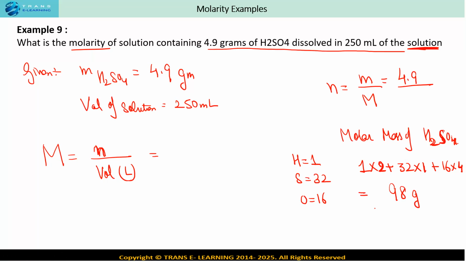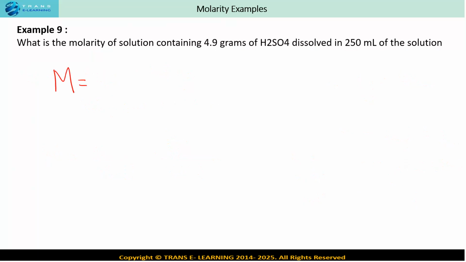So now we are going to substitute the values and find the molarity. The molarity is given mass upon molar mass upon the volume of the solution in liters.